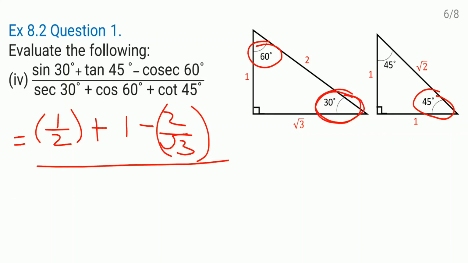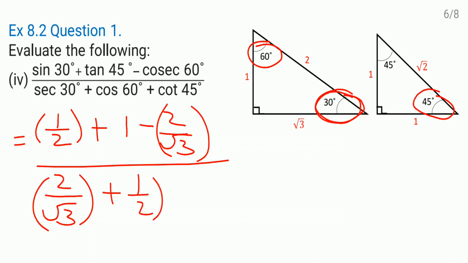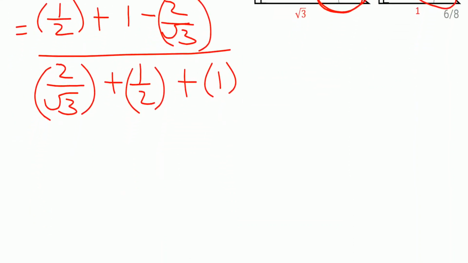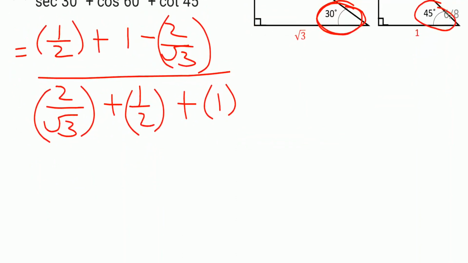Sec 30. Sec means hypotenuse upon the adjacent. 2 upon root 3. Cos 60. See here. Cos 60. 1 by 2. And then cot 45. Cot 45 adjacent by opposite, it is 1. Now we got all the values, all the ratios. Now here we just have to do the LCM.